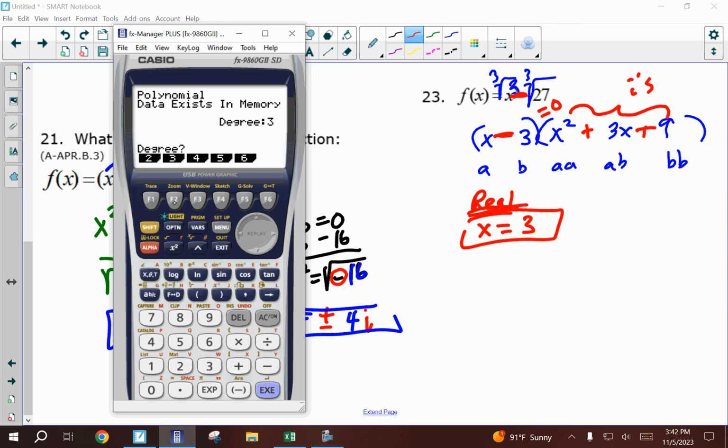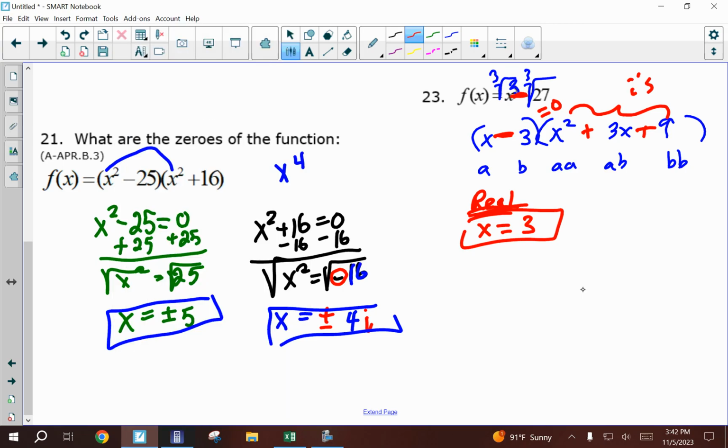Go into the polynomial solver, degree 2, and I'll stick in a 1, a 3, and then the positive 9. And when we solve that, see, it's going to give us an answer that has i's in them. So if they ask you for real answers only, we would not include this fraction with these i's on them. And that's how I'm going to teach that problem.